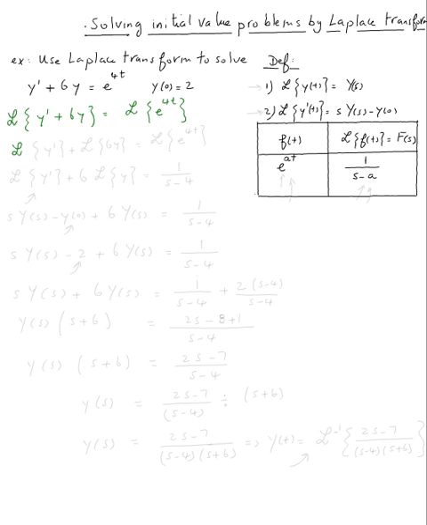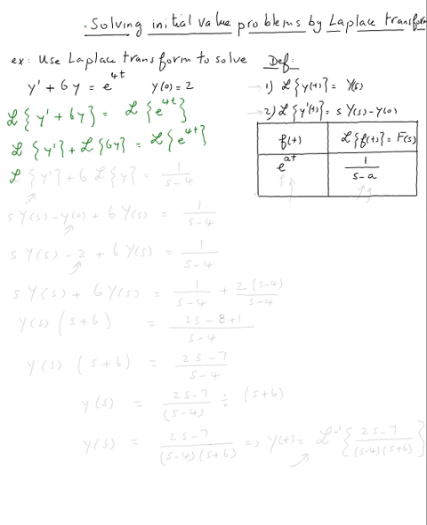Linearity says the Laplace of y prime plus 6y is equal to the Laplace of y prime plus the Laplace of 6y, and this is equal to the Laplace of e to the 4t.